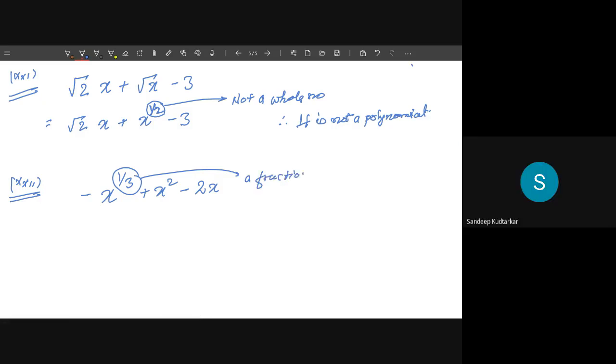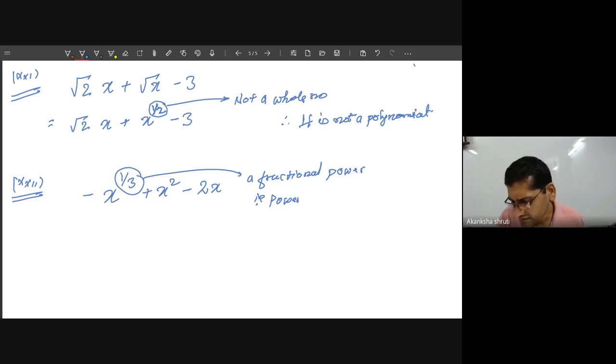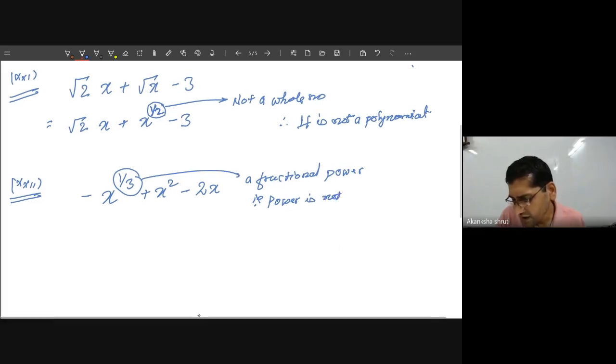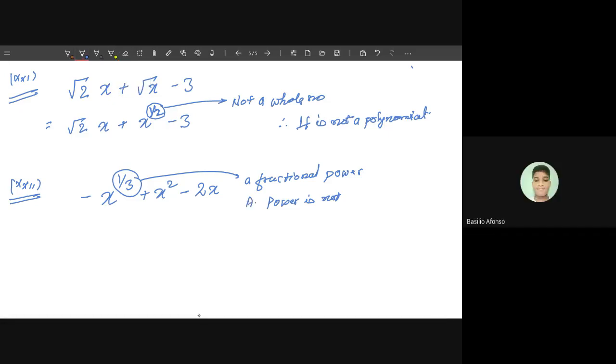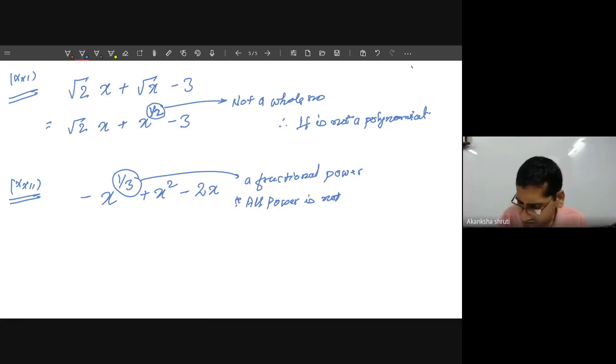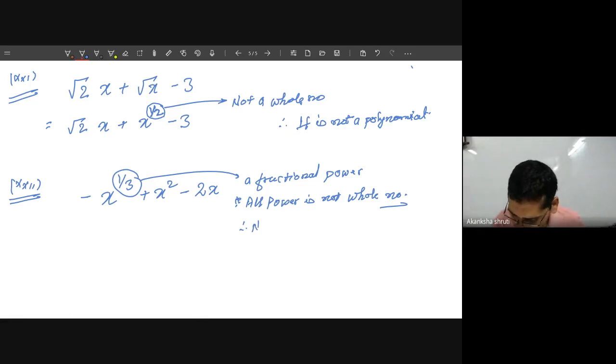Not a polynomial. That is, all the powers are not whole numbers. Is not under the category of whole number. So it is not a polynomial. Therefore, not a polynomial.